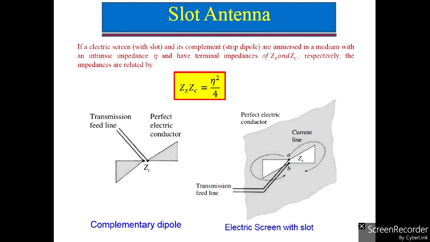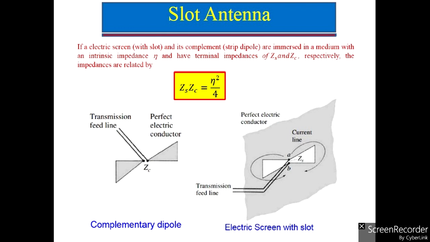Now we can see the relationship between the complementary impedance and the slot impedance. Here we have the slot in the conducting plane, and the complementary dipole, that means whatever portion of the conductor has been removed is taken as the complementary dipole.